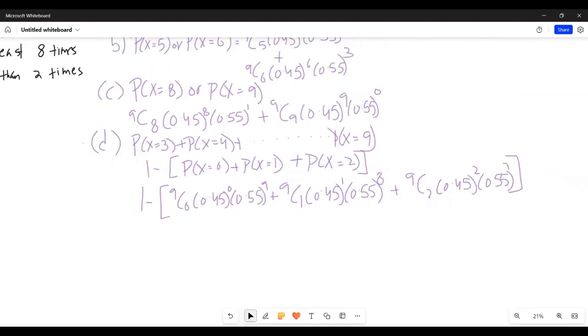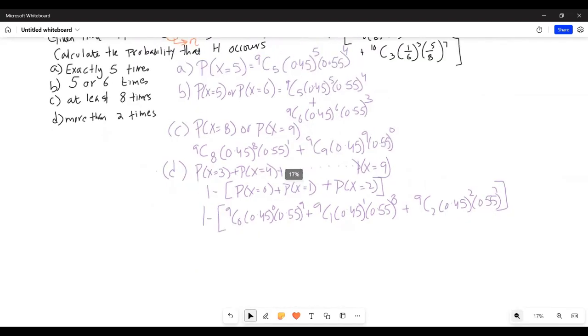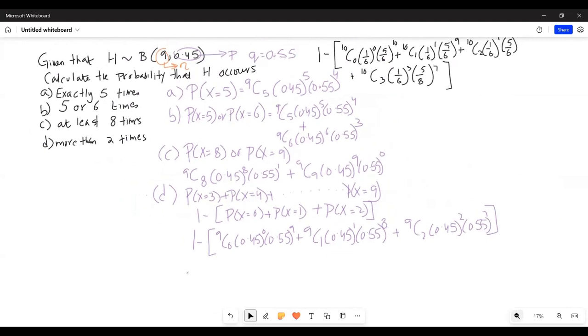Okay. Enter this in your calculator very carefully. You're more than welcome to enter these individually in the calculators, find the result, and then add them, and then later subtract the answer from 1. Marking scheme में usually यूं ही हुआ होता है, but you have to make sure that you do not use rounded off values.